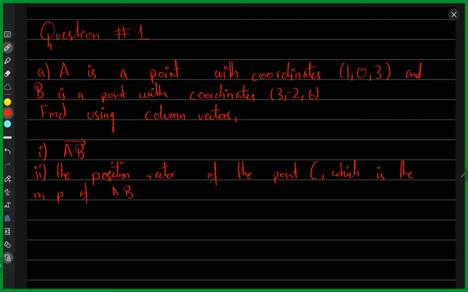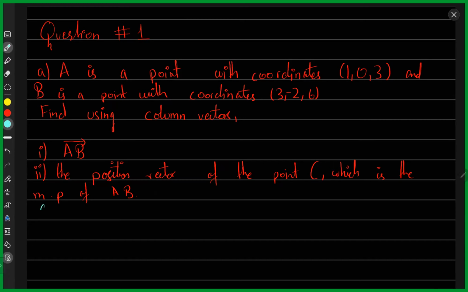Okay. Now for this question, the diagram is not there, but you need to imagine this. It says A is a point with coordinates 1, 0, 3, and B is a point with coordinates 3, -2, and 6. Find using the column vectors AB.